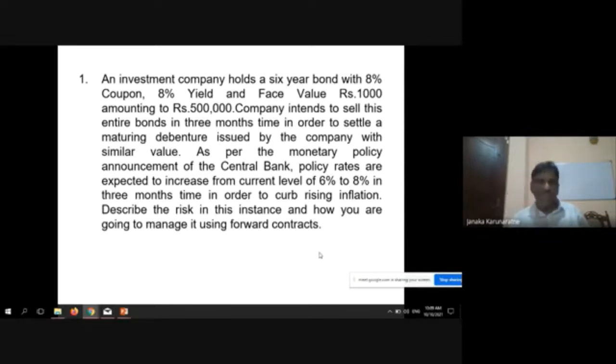This is what your banks are doing day to day. Forward contracts. Enough in our market. What will you do? How to identify the risk? You know the instrument. What do you need to do? It's a simple thing.